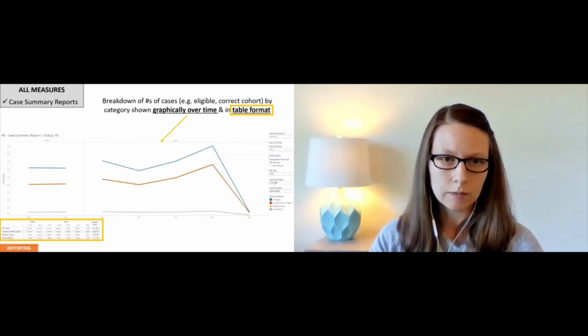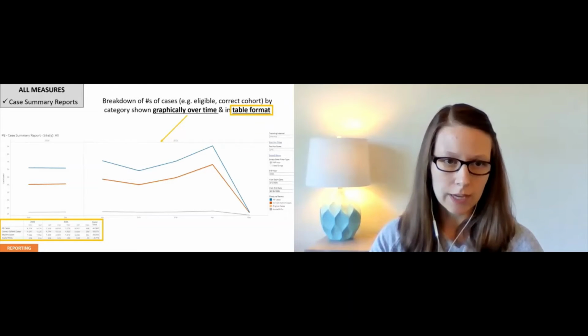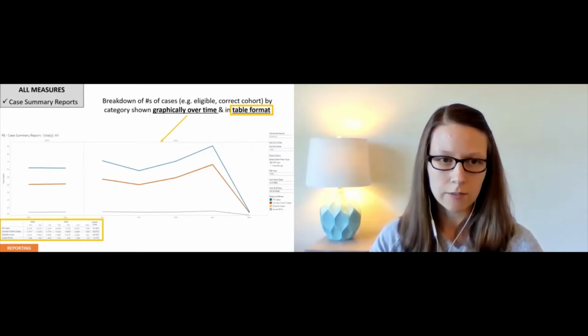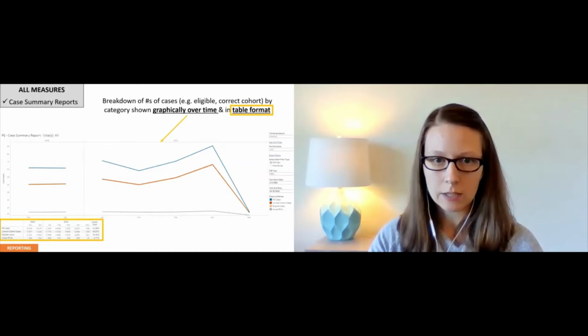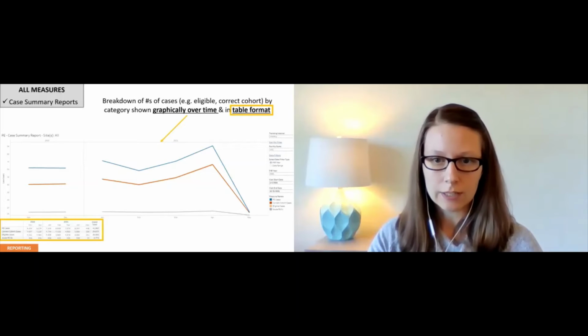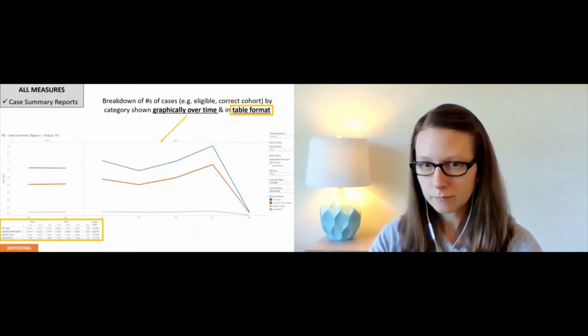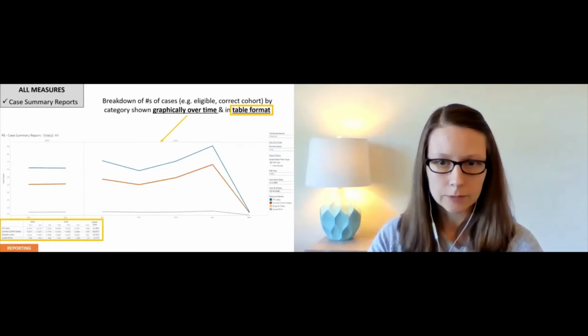And then the following one, the orange line, represents correct cohort, followed by eligible cases, which is the yellow line, and it's very, very close to the orange line, so that's why it's a little difficult to see here. And then finally, that's followed by the acute PE diagnosis for the gray line. So again, you can log in and see how this looks for head injury, chest pain, etc. All right, next one.